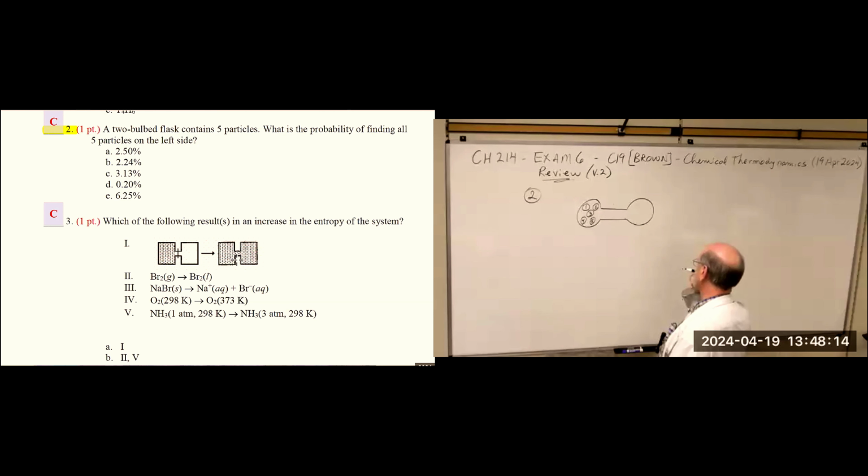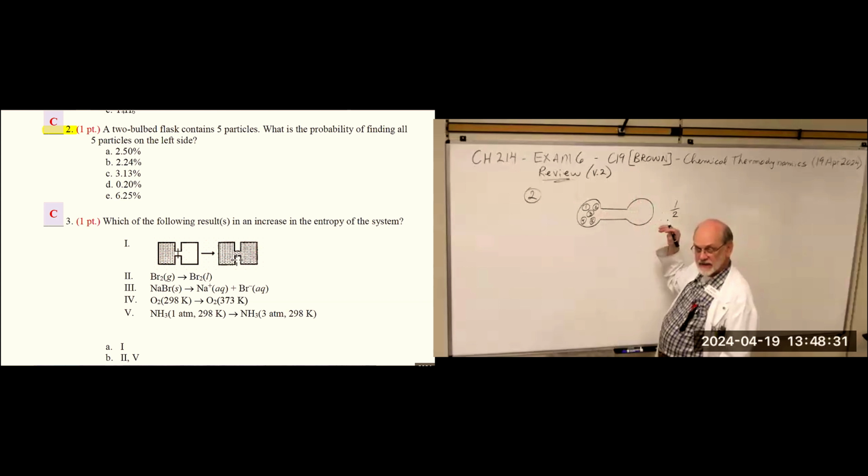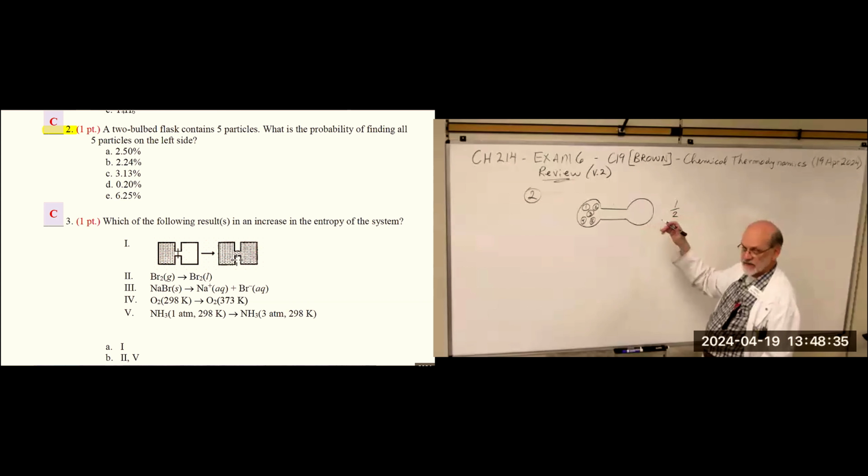What's the probability of finding 1 particle on one side? It's either this side or that side, right? So it's 1/2 is the probability of finding it on one of the sides. And then what's the probability of finding the second one on one side or the other? It's another 1/2. And then the third one, it's another 1/2. And the fourth one, and the fifth one.